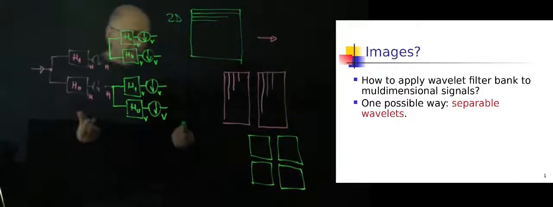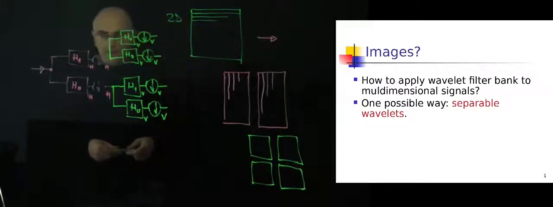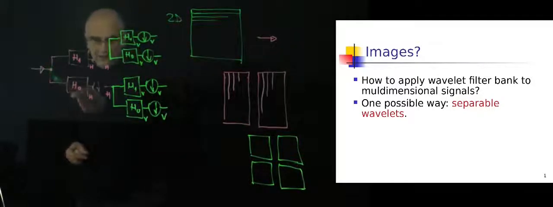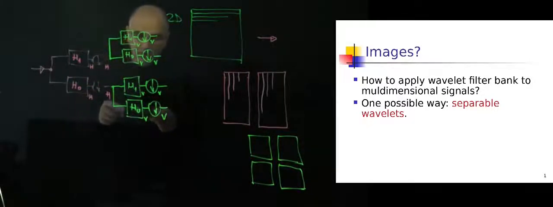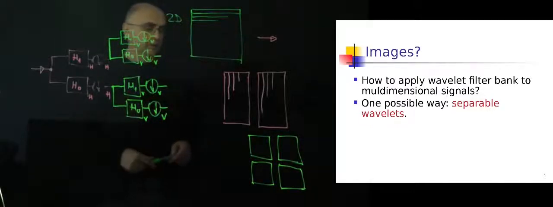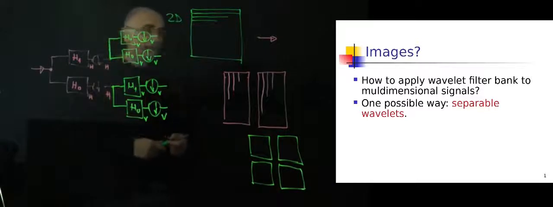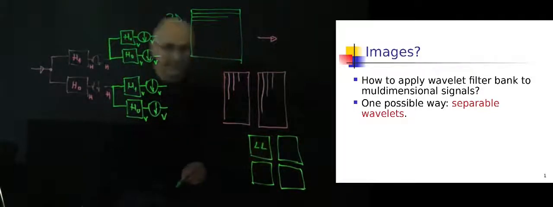And we need some more explanation. We can notice that one branch is low pass in the horizontal direction, followed by a low pass filter in the vertical direction. So it's low pass, low pass. I'm going to write right here low pass, low pass.